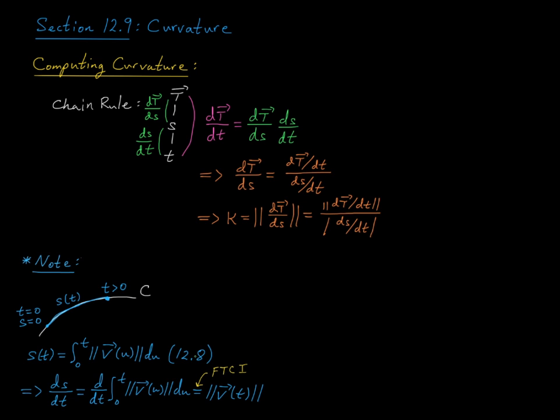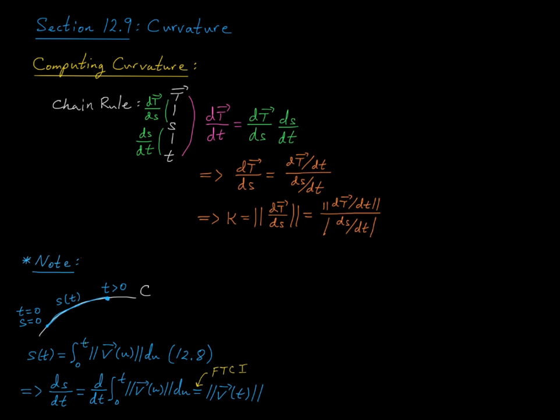Now we know from section 12.8 that to measure this arc length, we want to integrate our speed function with respect to time. Notice here I'm using t as the upper bound of integration, so I don't want to use t for my variable of integration, so I'm just using the letter u there to distinguish the variable of integration from the bound.